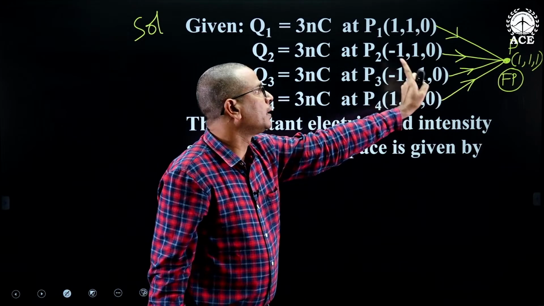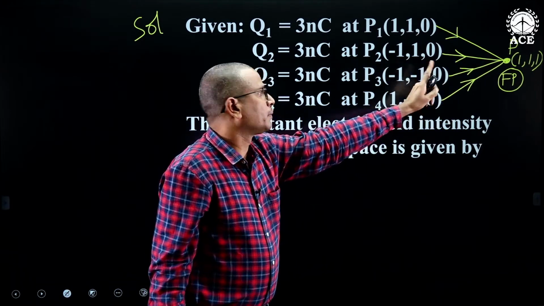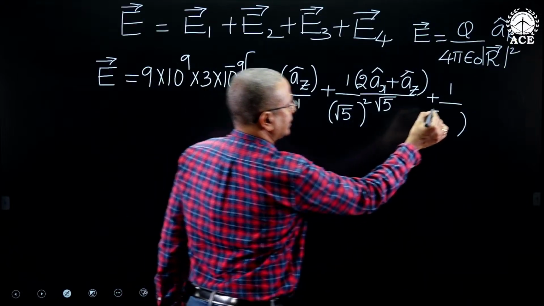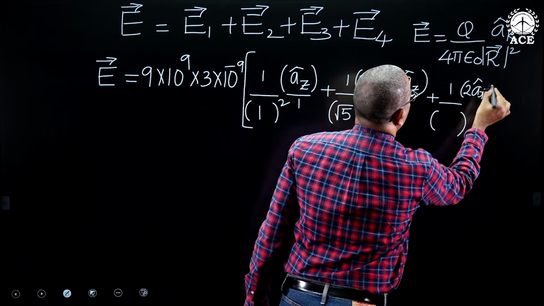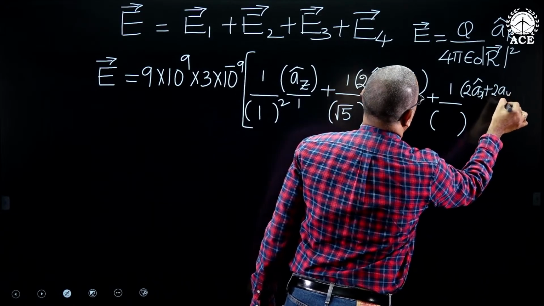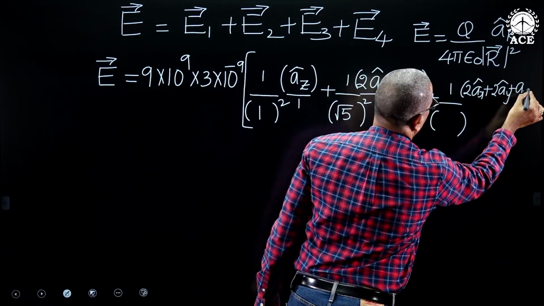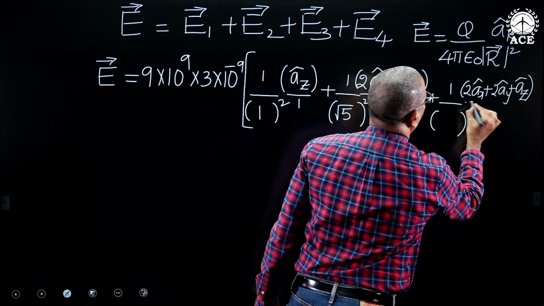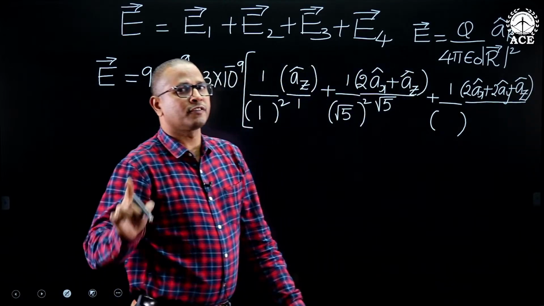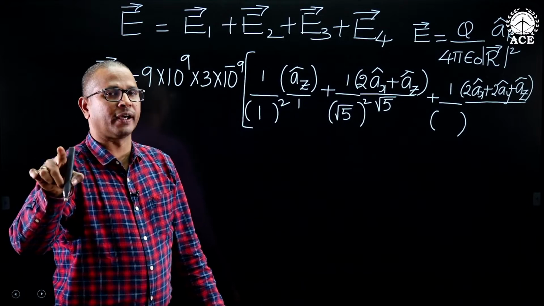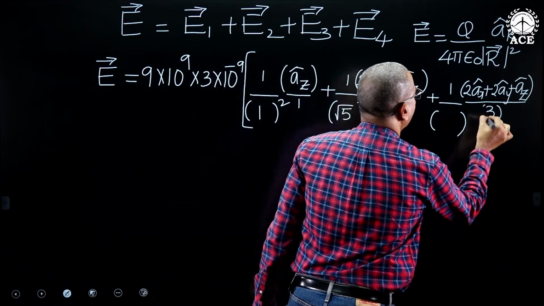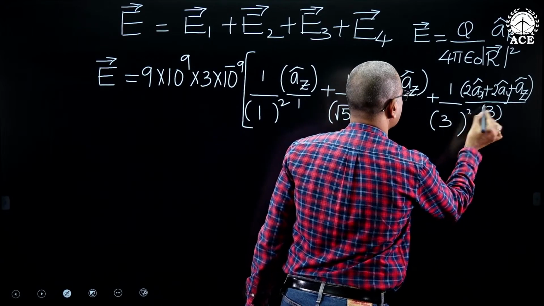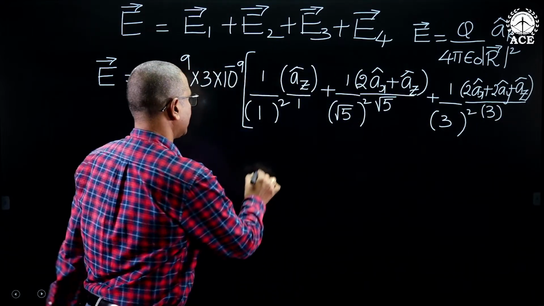So 2 ax cap plus 2 ay cap plus az cap, dear students, divided by the magnitude, square root of 2 square plus 2 square plus 1 square, root 9. Root 9 is how much? 3. I need distance square, 3 square. This is for the third object.